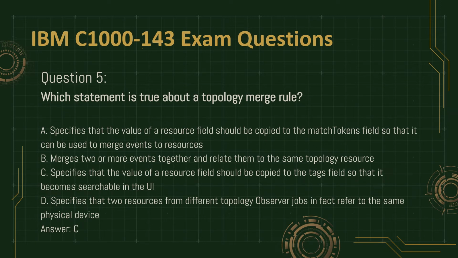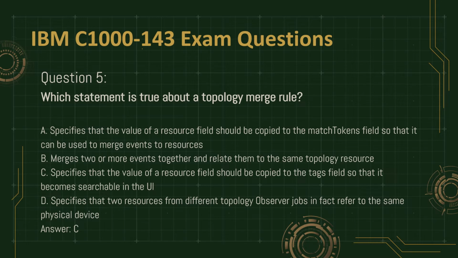Question 5. Which statement is true about a topology merge rule? A. Specifies that the value of a resource field should be copied to the match tokens field so that it can be used to merge events to resources. B. Merges two or more events together and relates them to the same topology resource.